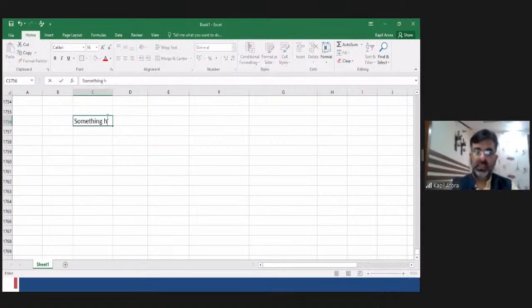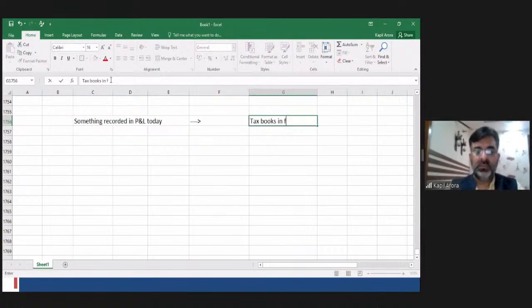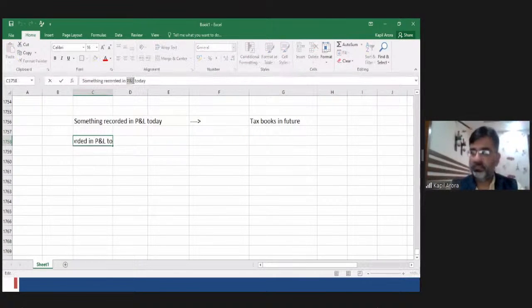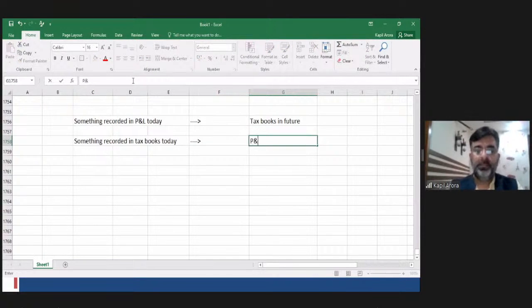Something recorded in P&L today will have impact in the tax books in future, or something recorded in the tax books today will have impact in the P&L in future. These differences are known as timing differences.